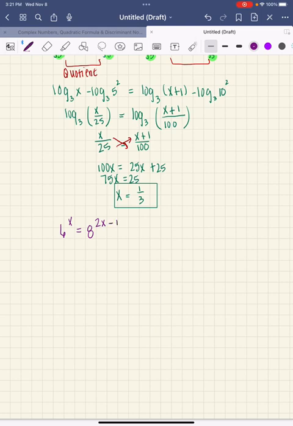Well, if I wanted to rewrite it in log form, what's the base? Is it the log base 6 of 8 to the 2x minus 1 equals x? Is it the log base 8 of 6 to the x equals 2x minus 1? It gets kind of harried.